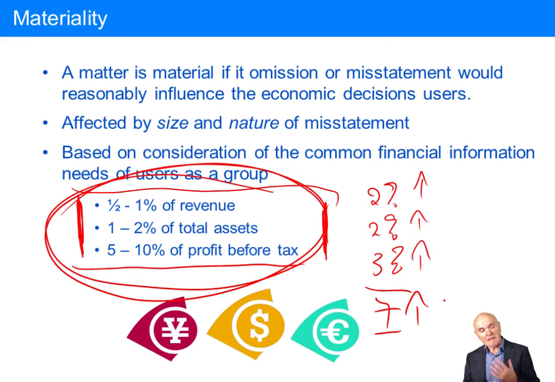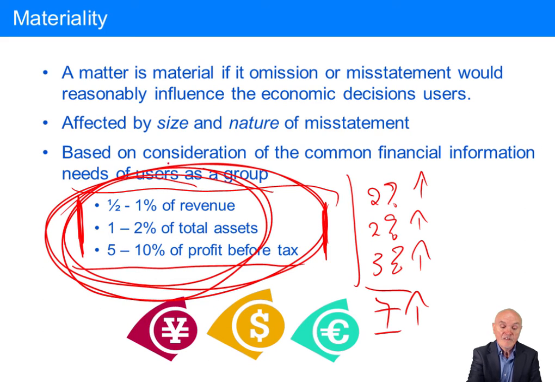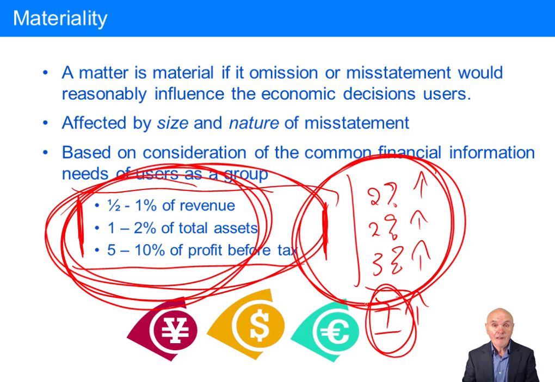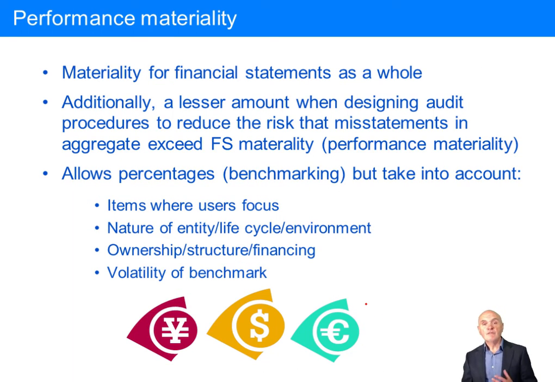So the concept was then kind of invented that when we're telling people what is material, this here might apply to the finished financial statements, if you like. But when you're actually on audit, you should be reporting and sensitive to even smaller errors, just in case they all add up to a relatively big effect at the end. And that's what's known as performance materiality.